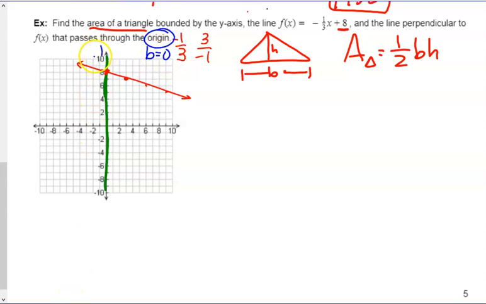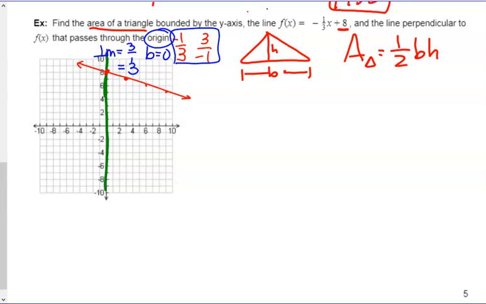Now, if we ask ourselves what is the perpendicular slope of the original slope that I had, from section 2, you had to remember on perpendicular lines, they have opposite slopes and more specifically opposite reciprocal slopes. And so you can't just use the same number. You have to flip this and change the sign. So if I flip that, I get 3/1. If I change the sign, I get a positive, so I can reduce that just to a 3.